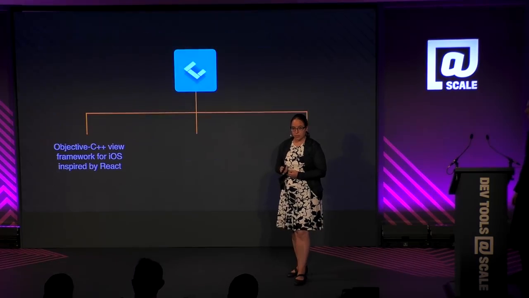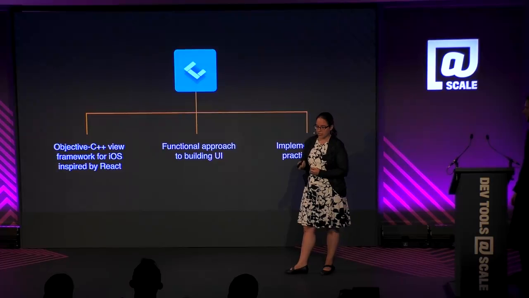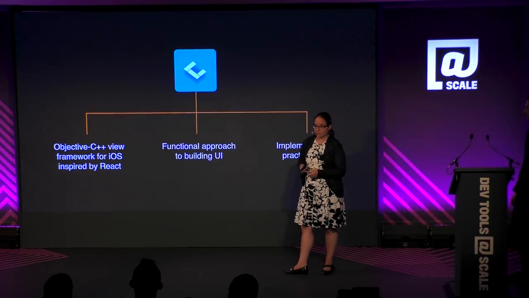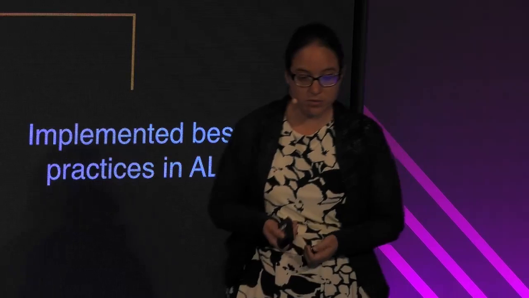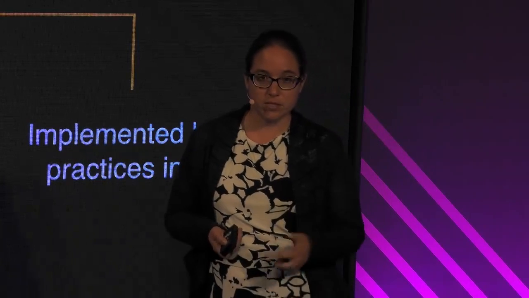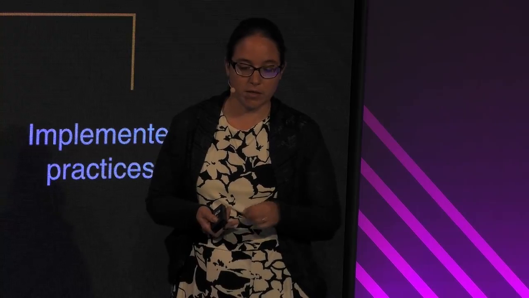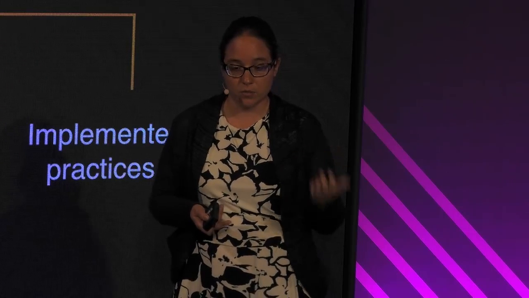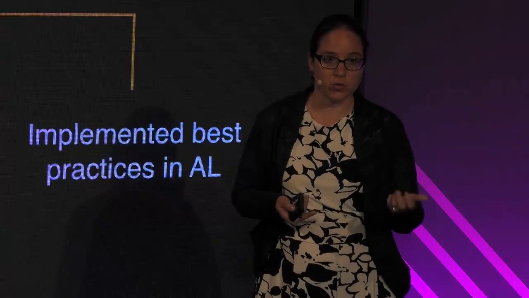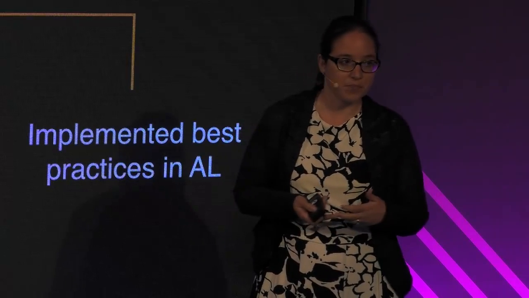Another example of use of this language at Facebook is Component Kit, which is a framework for writing views that is developed at Facebook, but it's also open source. It's Objective-C++, and it's basically inspired by React, and they're trying to be a functional approach to building UIs.